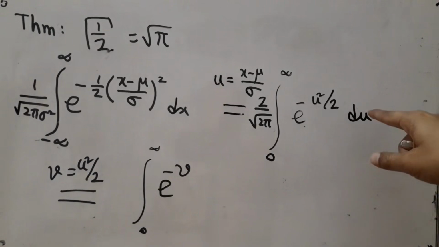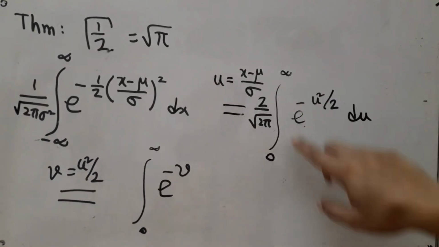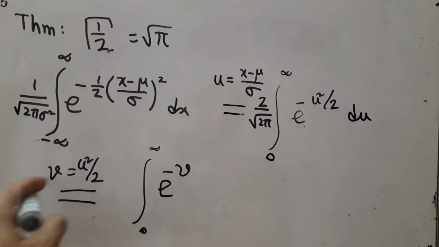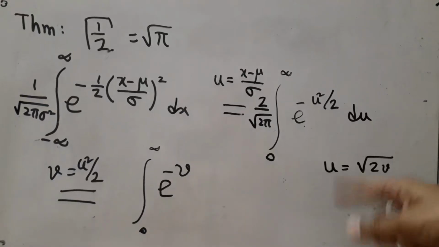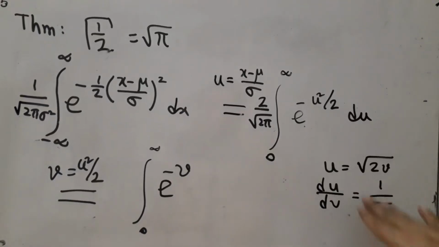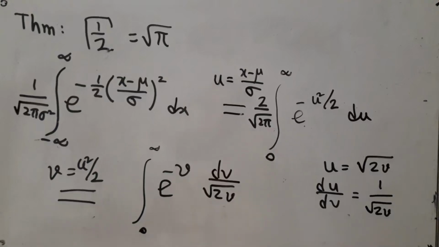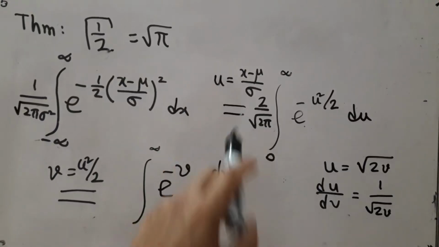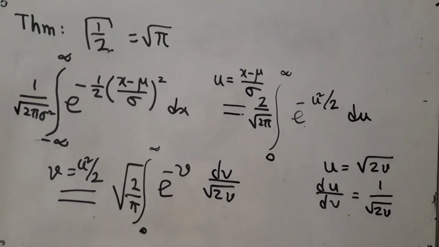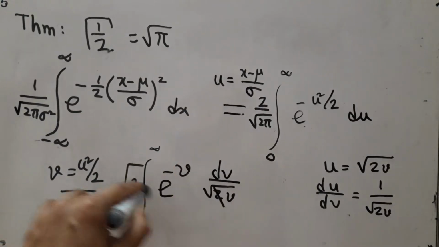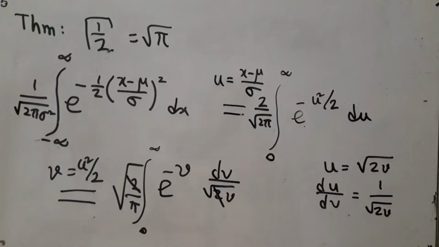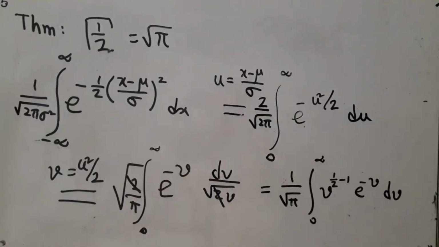In order to compute du, you observe that u here is positive, so you can get back u from v. So from this I get du by dv is 1 by square root of 2v. So I can write here dv by square root of 2v, and I already had something outside, so there is a little cancellation, and I am left with 1 over root pi integral from 0 to infinity v to the power half minus 1.